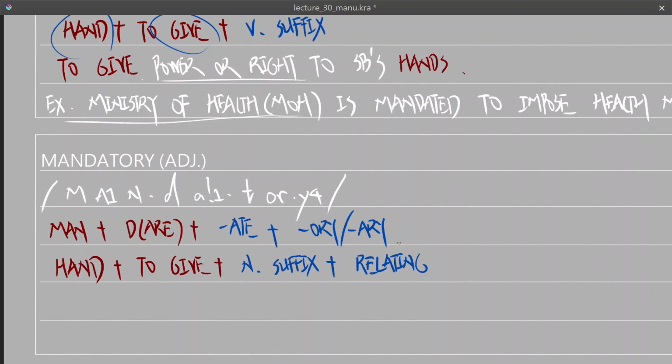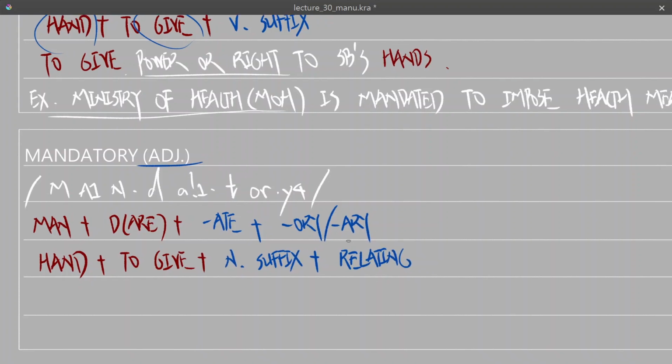As a noun suffix in secretary, it means somebody or something. In this case, it's an adjective suffix at the end of the word.